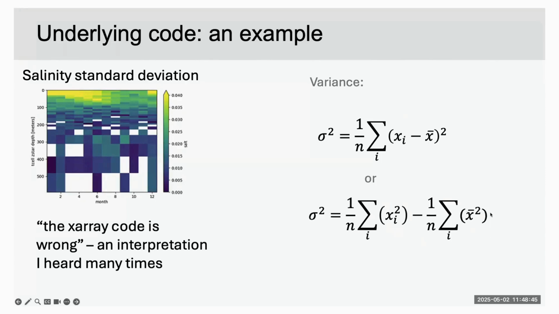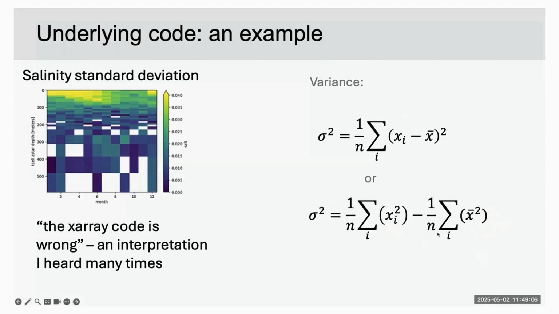And that's mathematically equivalent. And this is often how it's implemented computationally, because in this way, you only have to open each chunk once. So you open it, you calculate the sum, you calculate the sum of the mean. And then when you get to the end, you can combine all of those sums together and do your final division.